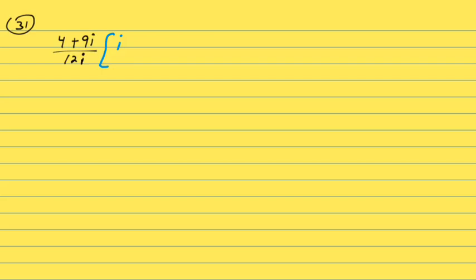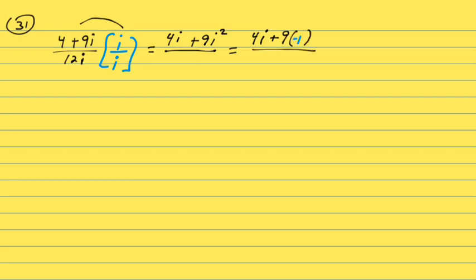If I multiplied by a fancy form of 1, i over i, on top I would have 4i plus 9i squared. I'm hoping you're getting to notice that i squared has to be replaced with a negative 1. So that's 4i minus 9, or negative 9 plus 4i.